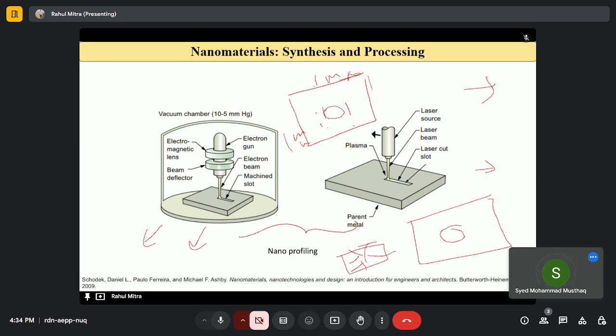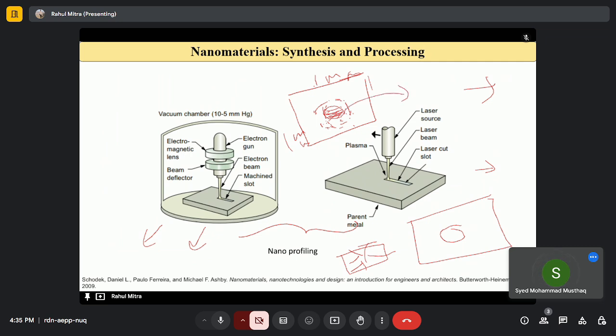For example, I want to focus onto this area. So this area gets melted because of localized heating.